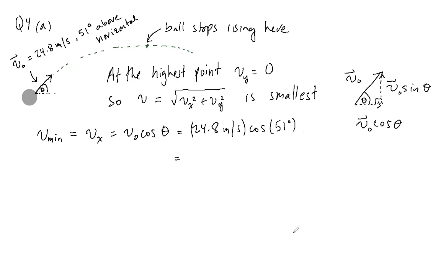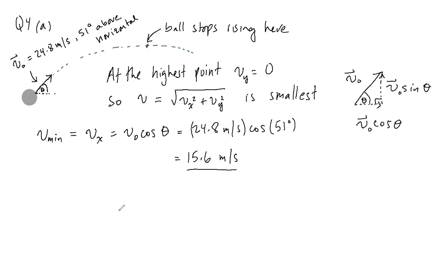So 24.8 times the cosine of 51 degrees. So that does work out. Okay, that is correct. All right, so I do have it right. So that's 15.6 meters per second. Okay, so that's part A.